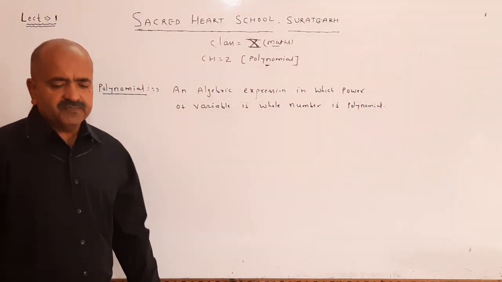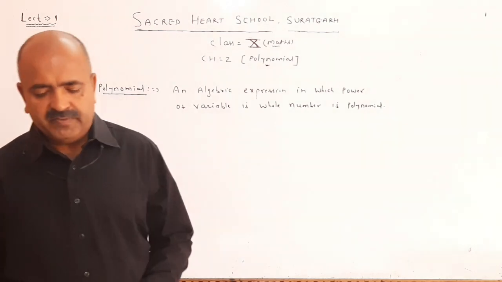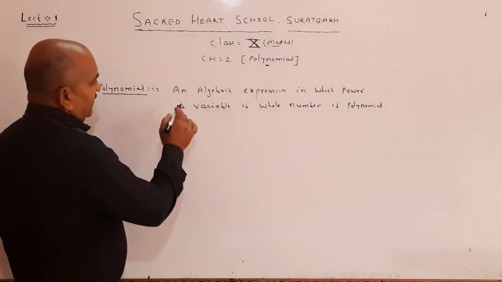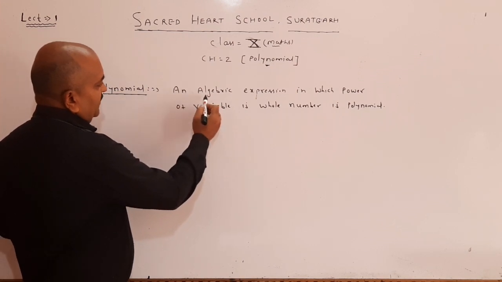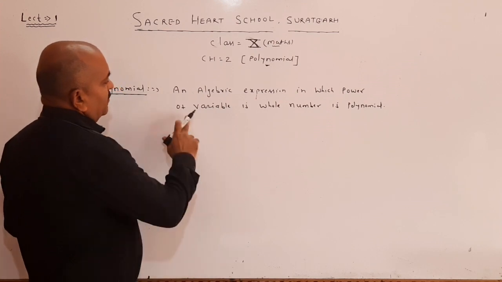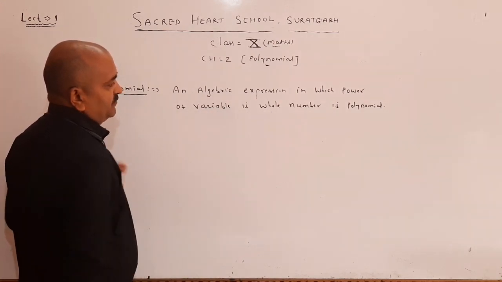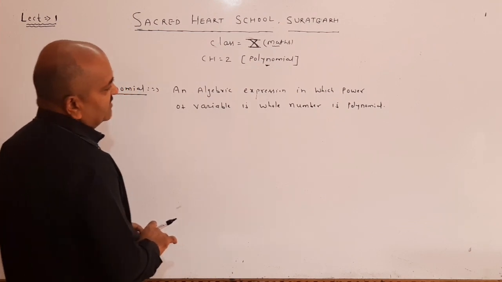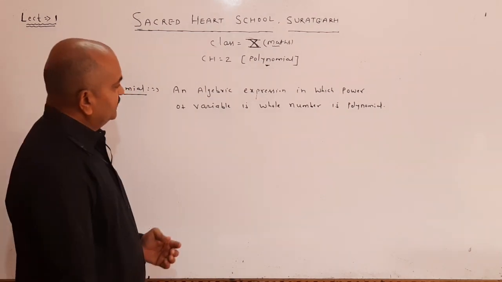So students, first, what is the definition of polynomial? A polynomial is an algebraic expression in which the power of the variable is a whole number. Students, you read this definition in class 9th.